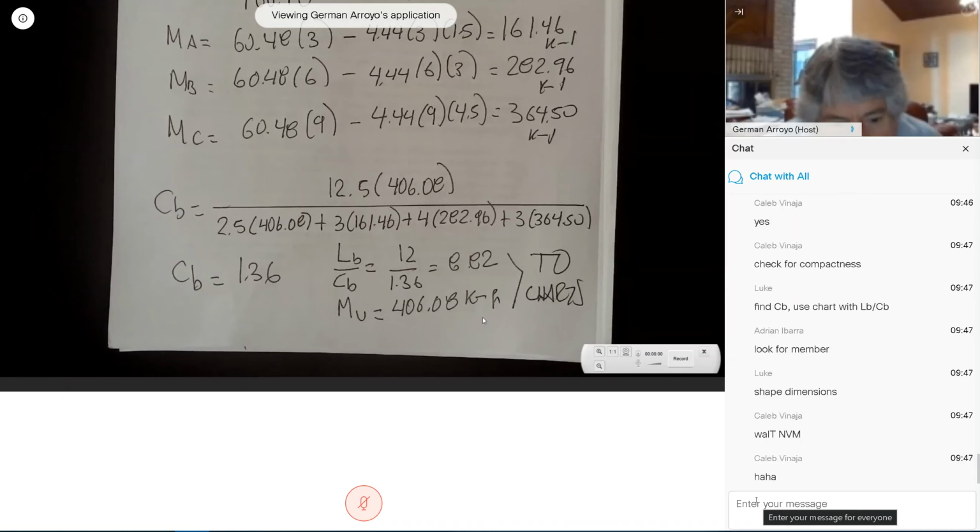Okay, which page do we find 406 and 8.82?